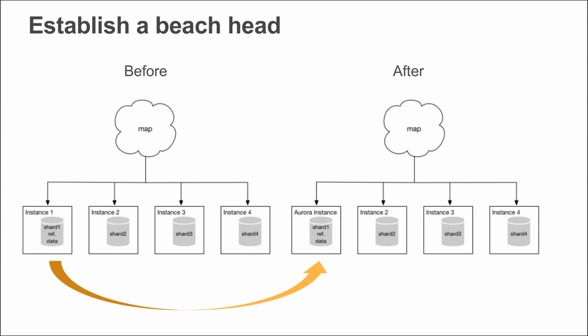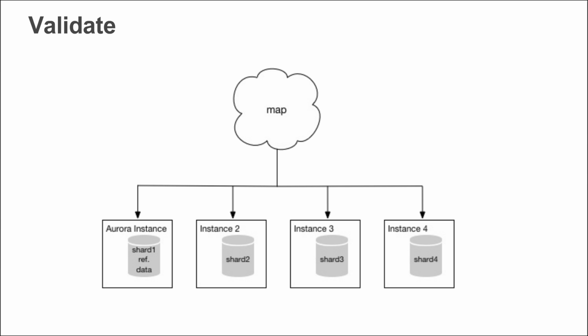So now you've got Aurora there, and your second, third, and fourth shards are still running on MySQL. So you've got your before and your after. Once you've got that all set up, you have to continue moving the shards across.